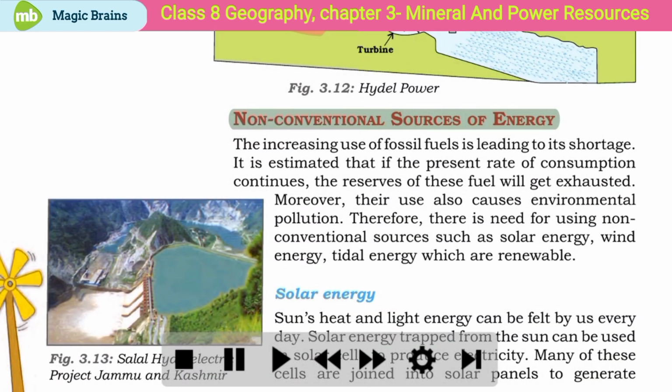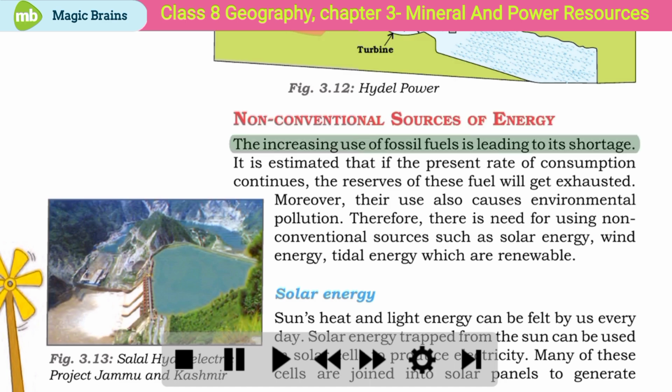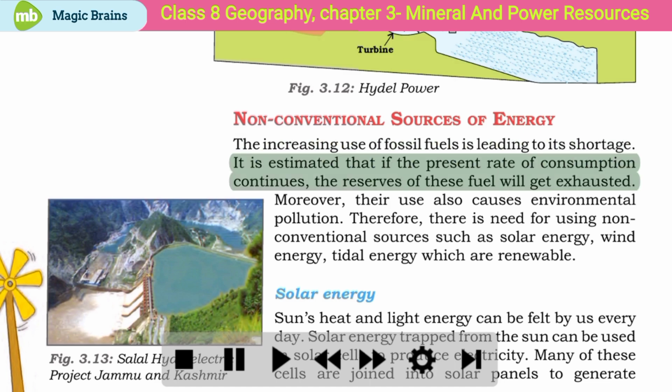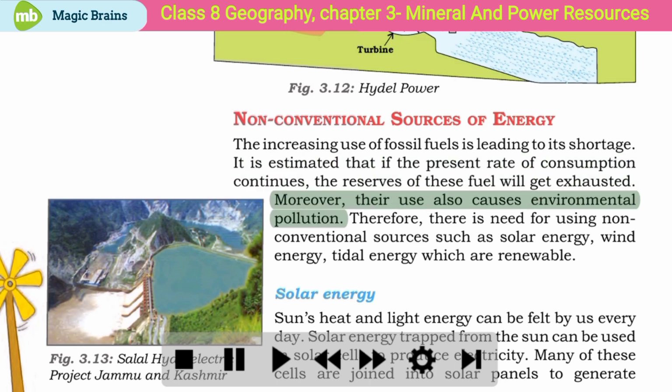Non-conventional sources of energy. The increasing use of fossil fuels is leading to its shortage. It is estimated that if the present rate of consumption continues, the reserves of these fuels will get exhausted. Moreover, their use also causes environmental pollution.